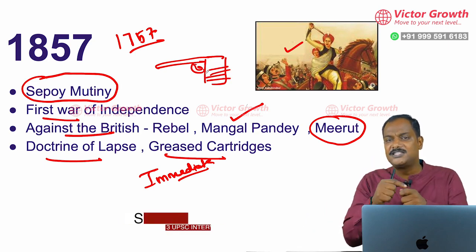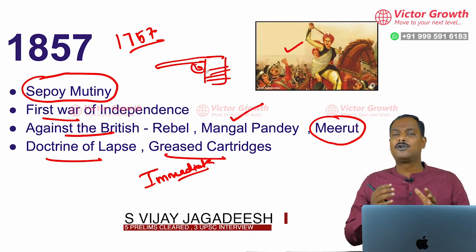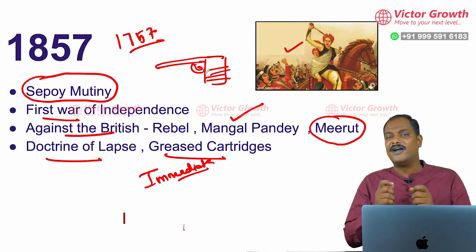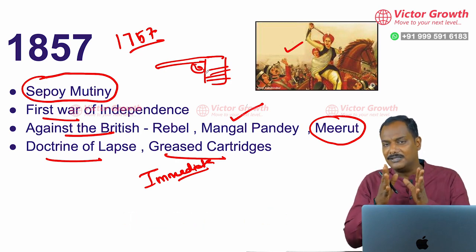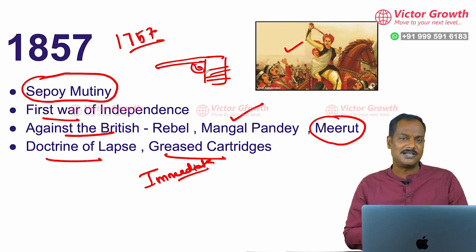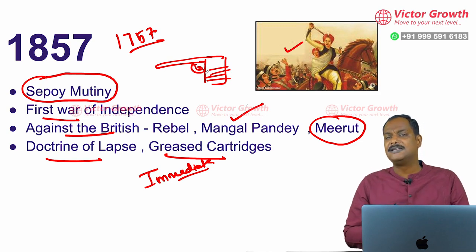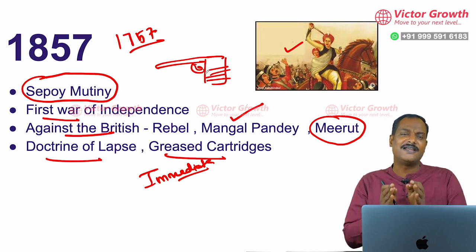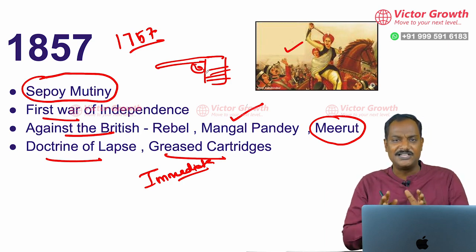So some of the grease will enter your mouth, and there was a rumor that the grease is made up of the fat of a cow or a pig. Now you know the cow is very holy to the Hindus and the pig is haram to Islam. So those soldiers who belong to the Hindus and Islam said we are not using it. But they were forced to use this. At that point, the revolt begins. So the immediate spark for the 1857 revolt would be the greased cartridges.